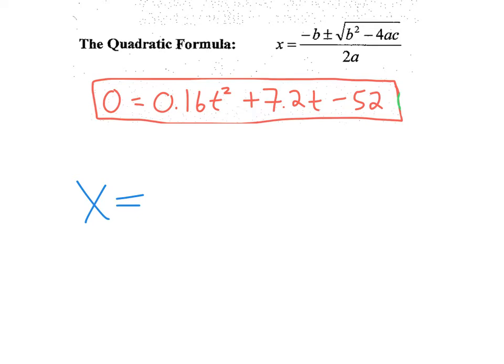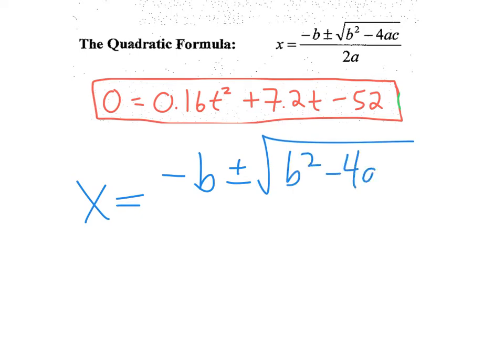And how do we find the roots? Well, negative b plus or minus the square root of b squared minus 4ac all divided by 2a will produce the roots. If y equals 0, this will produce the zeros.